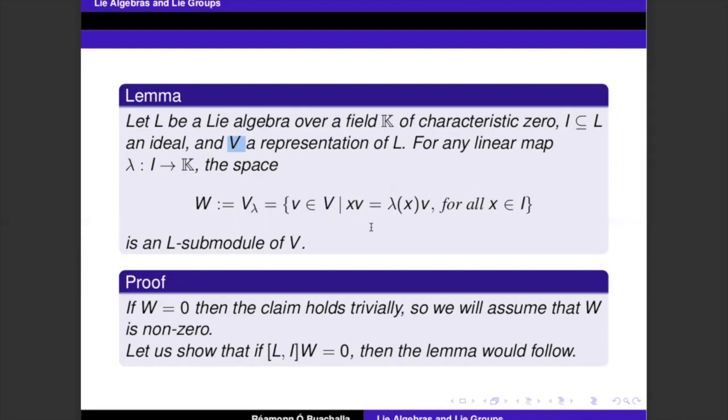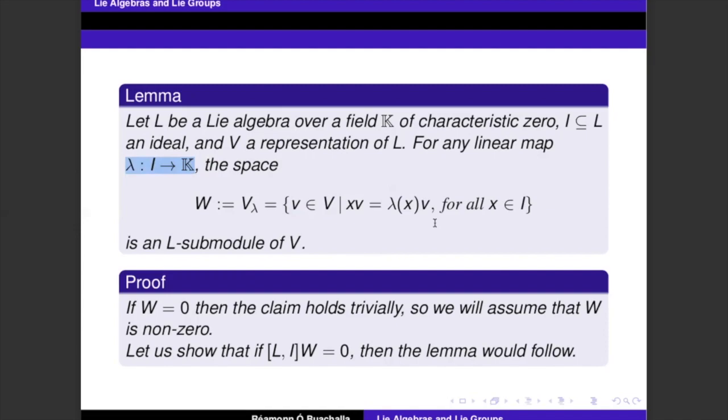So be careful about this. Remember, what's really going on here is that it's rho of X operating on V. In this definition we're identifying those elements of V such that when we operate on them by X, the action of X is actually given by this linear map, this guy here.